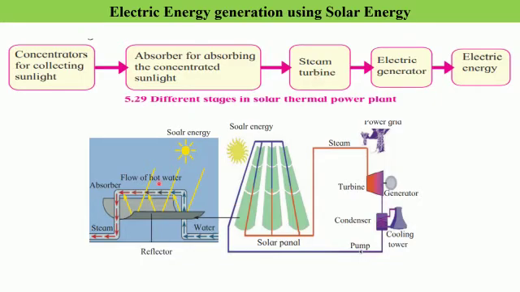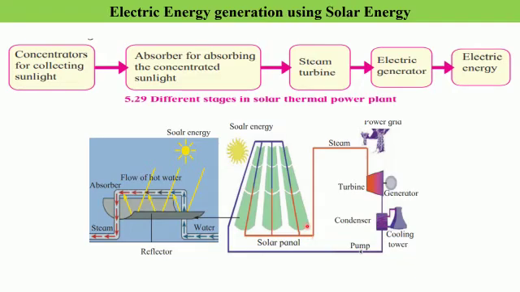Now this entire thing has been shown here also. Here you have got long, curved and U-shaped rectangular mirrors or reflectors or concentrators. So three have been shown here. Then we have the absorbers, which are in the form of tubes through which a fluid, here water, is constantly made to flow.